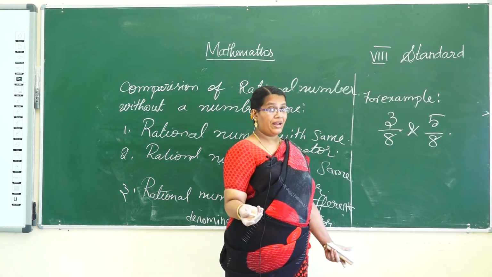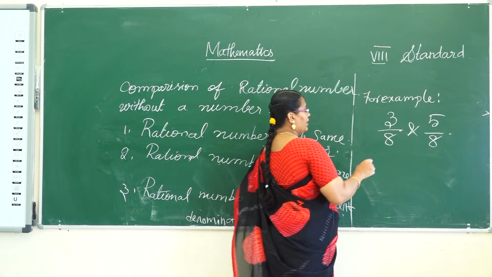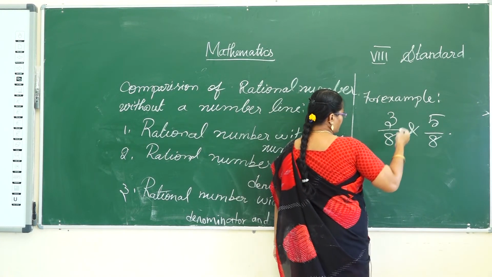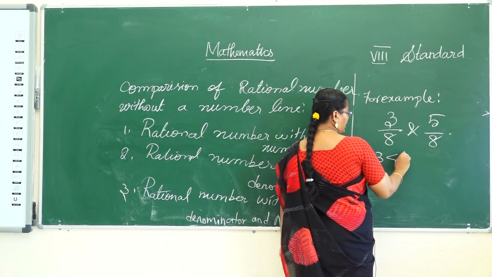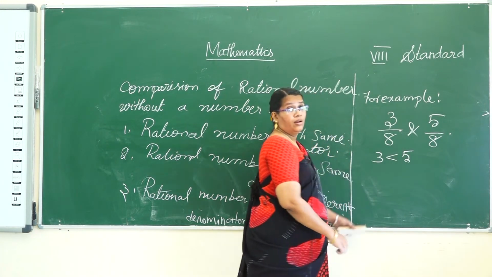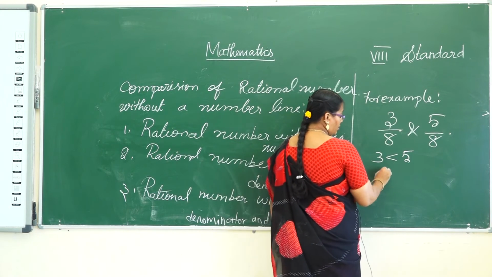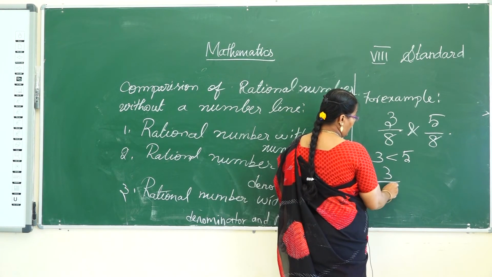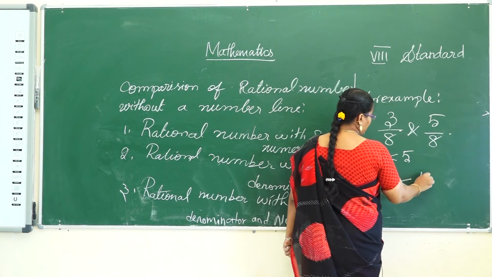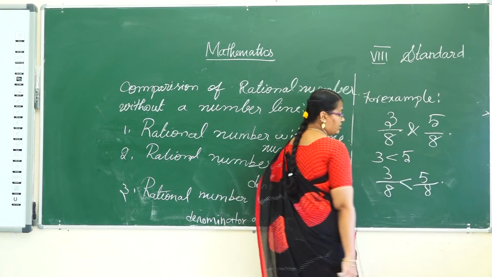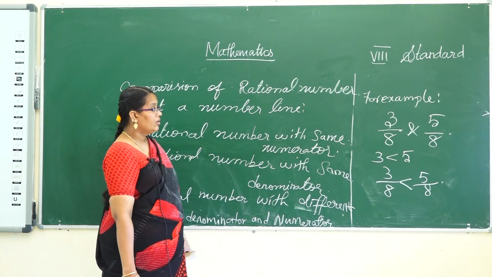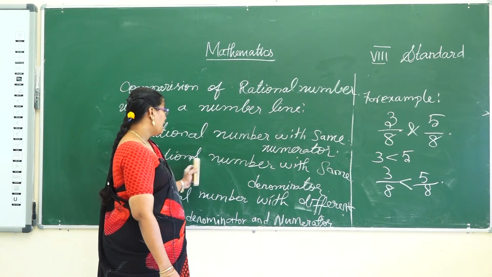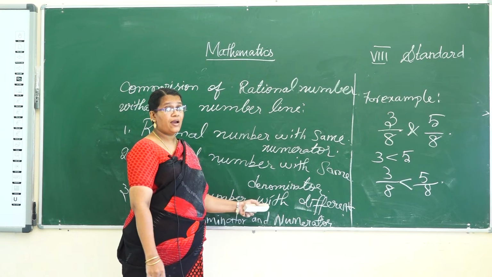It is easy to write: compare the numerators. 5 is the greatest one. 3 is less than 5, so the fraction 3 by 8 is less than 5 by 8. That is the example for rational numbers with the same denominator.